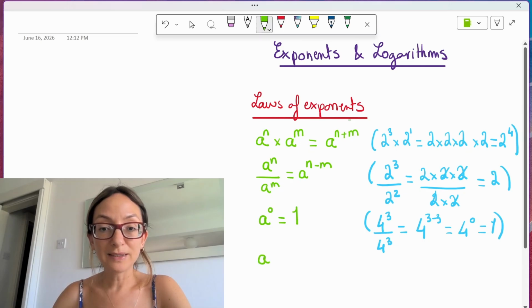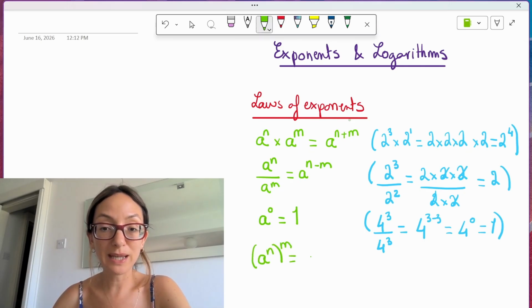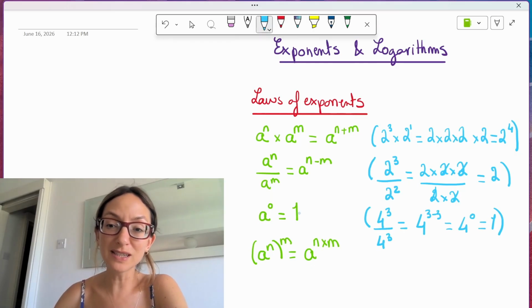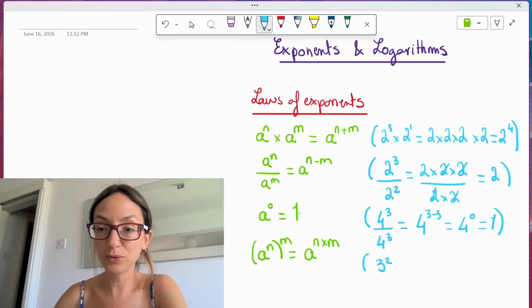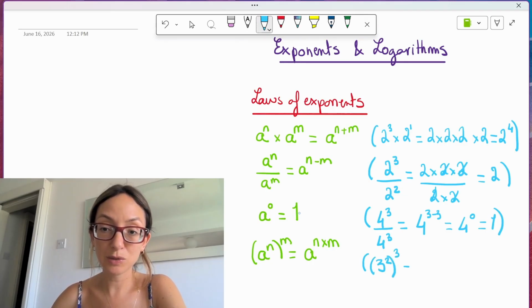Now, if we have a to the power of n, all of it to the power of m, then we get a to the power of n times m. If you're not convinced, let's look at an example. So let's say 3 to the power of 2, all of which to the power of 3. So what does that mean? That means that 3 to the power of 2 is multiplied by itself 3 times.